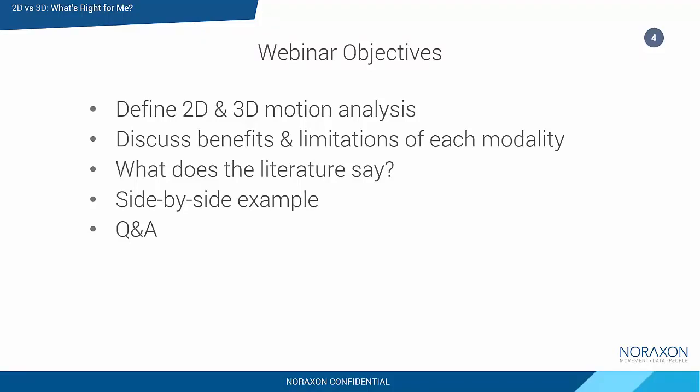We'll take a quick look into the research and see what some of the peer-reviewed literature has to say. We'll finish up with a short side-by-side review of the two modalities to see how they stack up in the real world. And finally, we will have some time for questions.